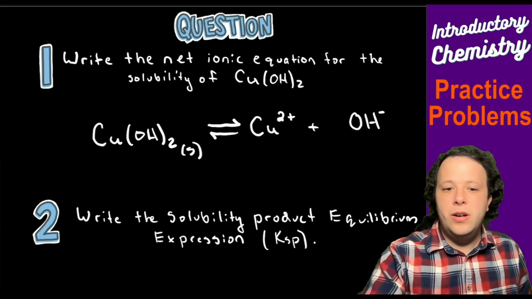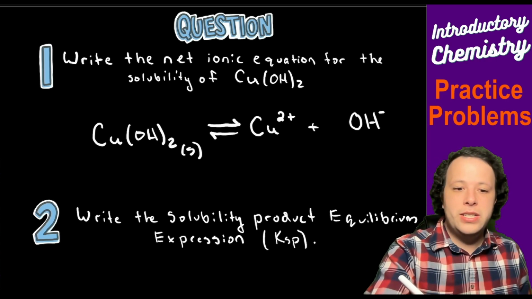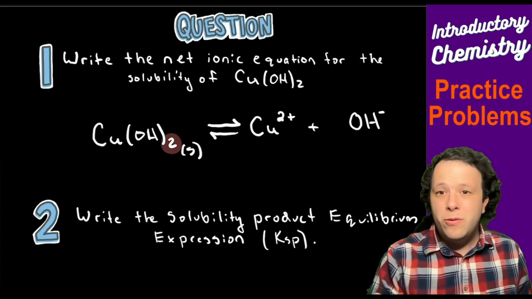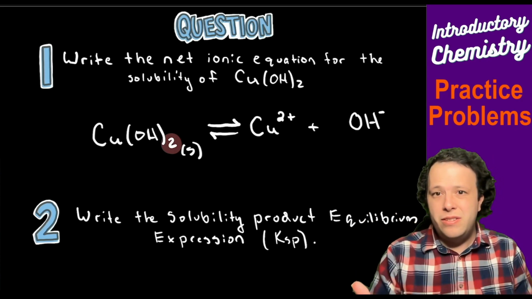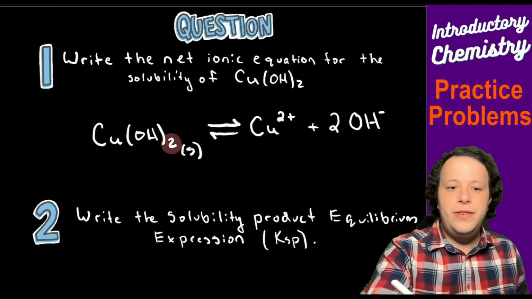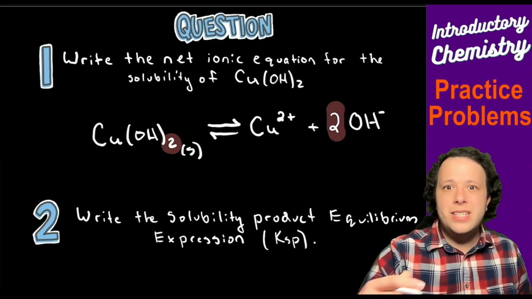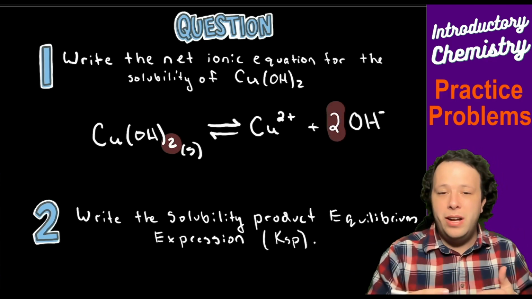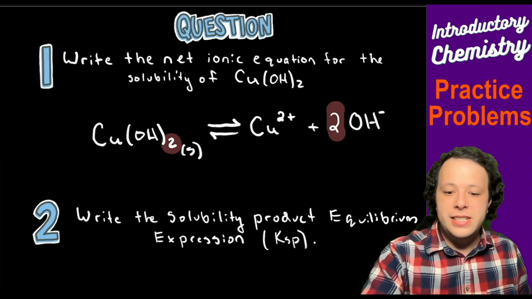But being that this is OH minus with a 2 here, we don't write OH minus with a 2 subscript. We are going to show that as a 2 coefficient to say that, oh, this is breaking down into its most simple ions when this is in solution.